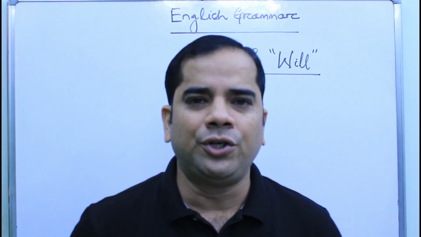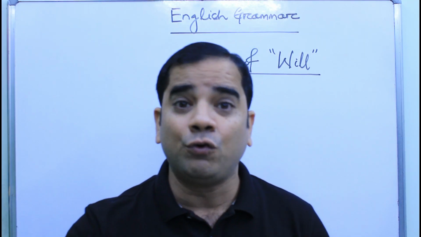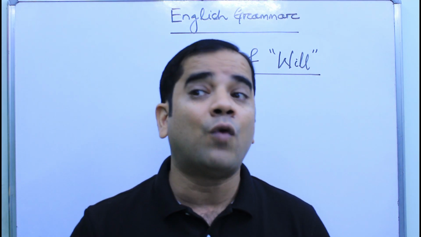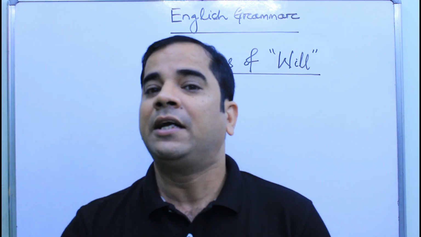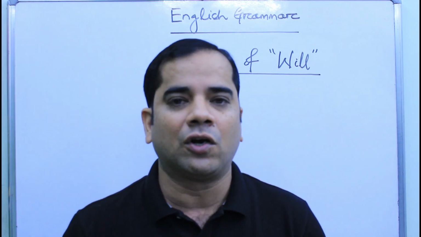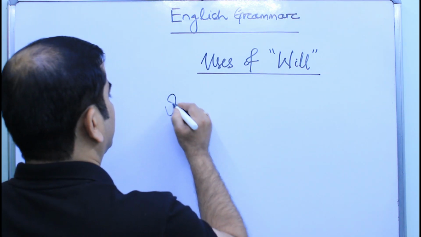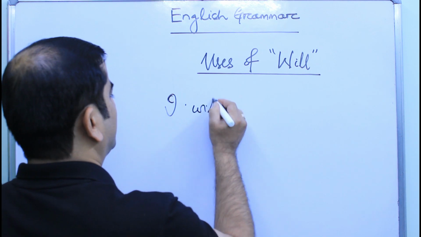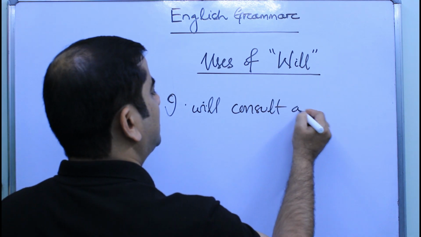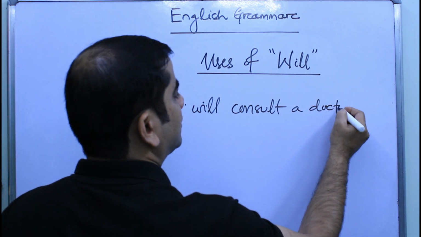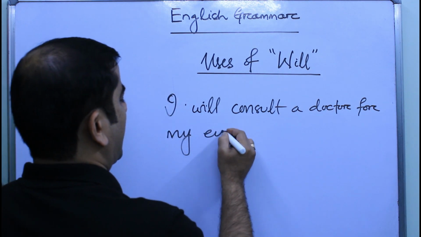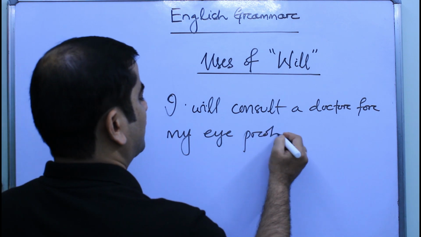Will is also used to express the views of the speaker. That means what the speaker thinks, or what the mind of the speaker is suggesting to himself. So those are the views of the speaker. For example, I will consult a doctor for my eye problem.